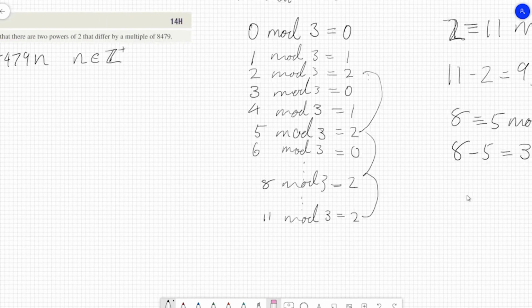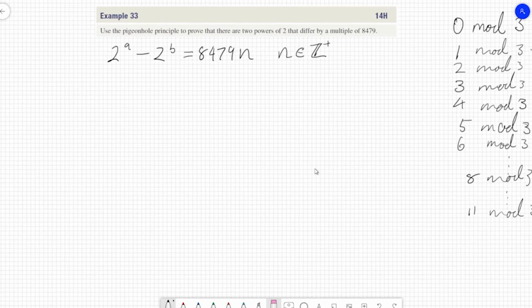principle to powers of 2. So what we have here is we are looking for 2 numbers, basically, if the difference of these 2 numbers is a multiple of 8,479, it means they're congruent with respect to the modulus of 8,479.